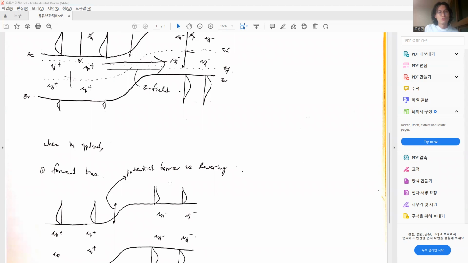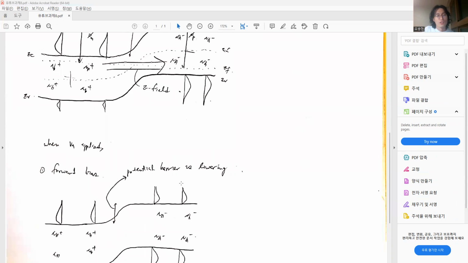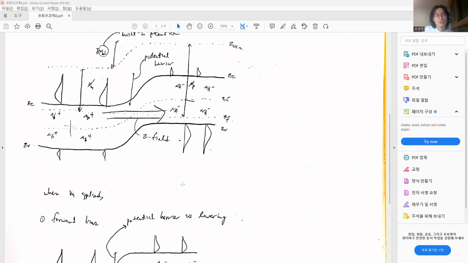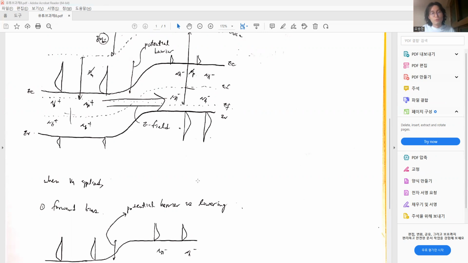And reversely, when we apply the negative bias, which can make the potential energy barrier high as before, there is the low possibility of the electrons which can overcome the barriers. So the current flow can't exist, as we compare to the forward bias.